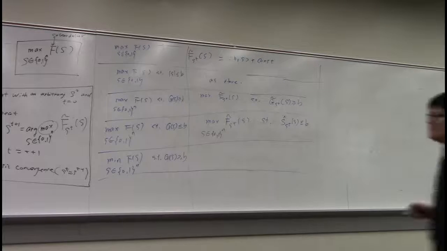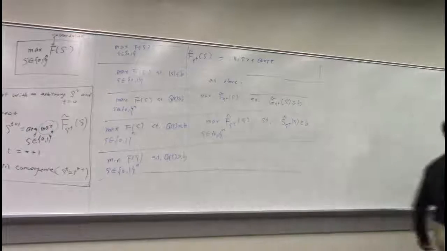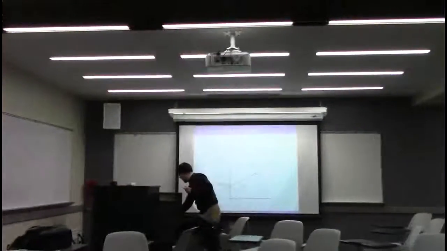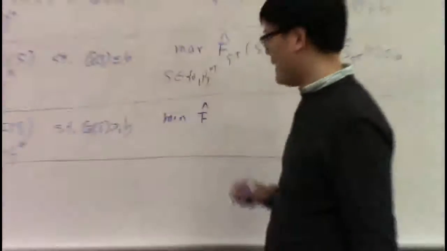So minimization, right? Minimization definitely should consider minimization. We want to minimize the upper bound. So for this reason, we should use hat, right? Min f hat. Hat is upper bound.